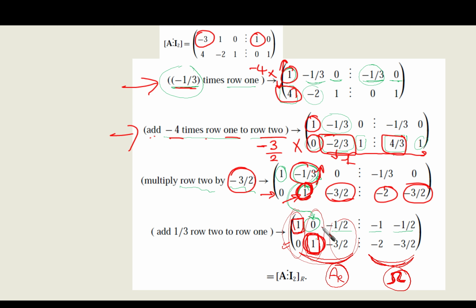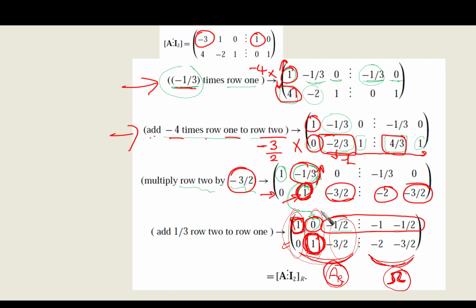Then you are going to find that this turned to be 0, and these elements are going to be changed accordingly. Then we have the reduced form: the leading entry is 1, and then 0 here and 0 here.